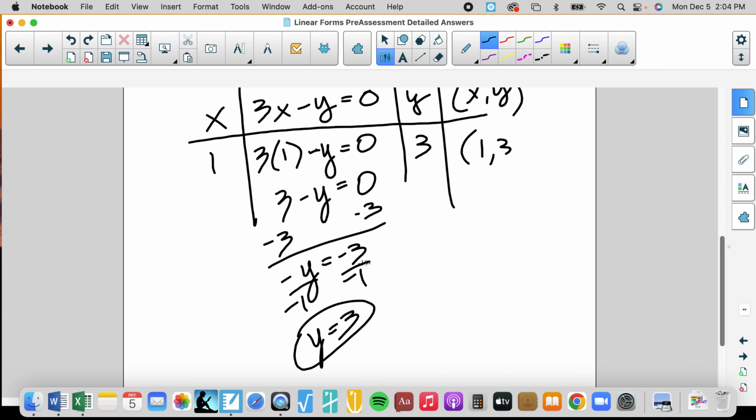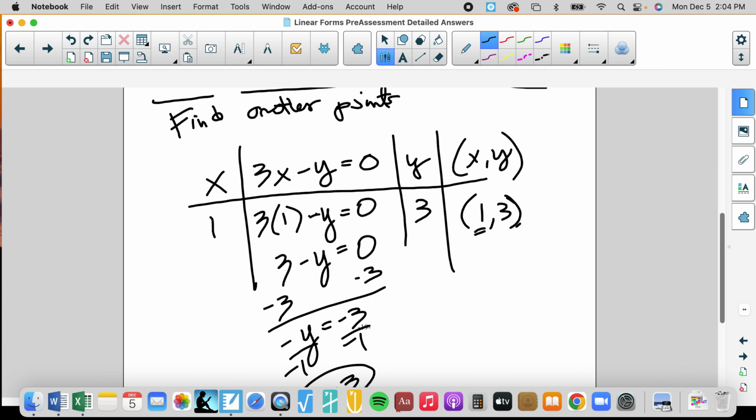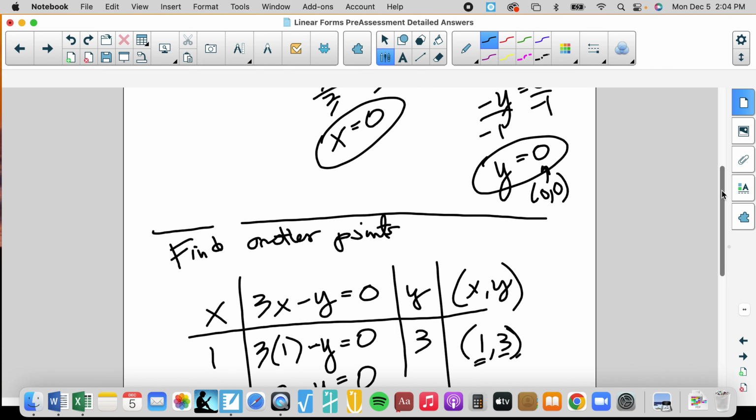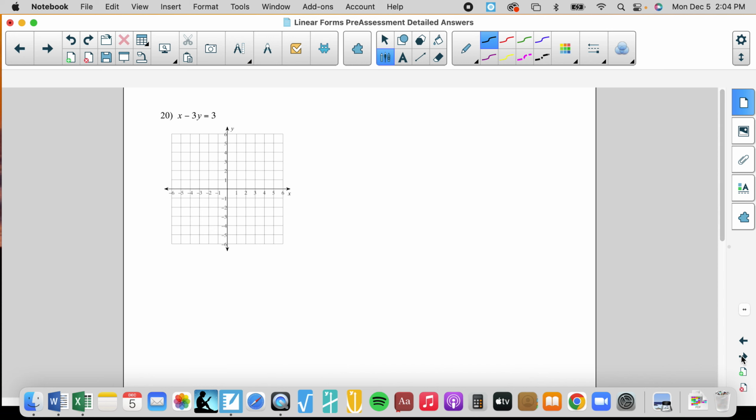So that xy coordinate, plugged in 1 for x, and it produced 3 for y. So we go over here on our graph, 1 for x, 3 for y. We have our second point. Once we have 2 points, we can graph it. So we have 2 points, 2 coordinates, and a line with 2 arrows.